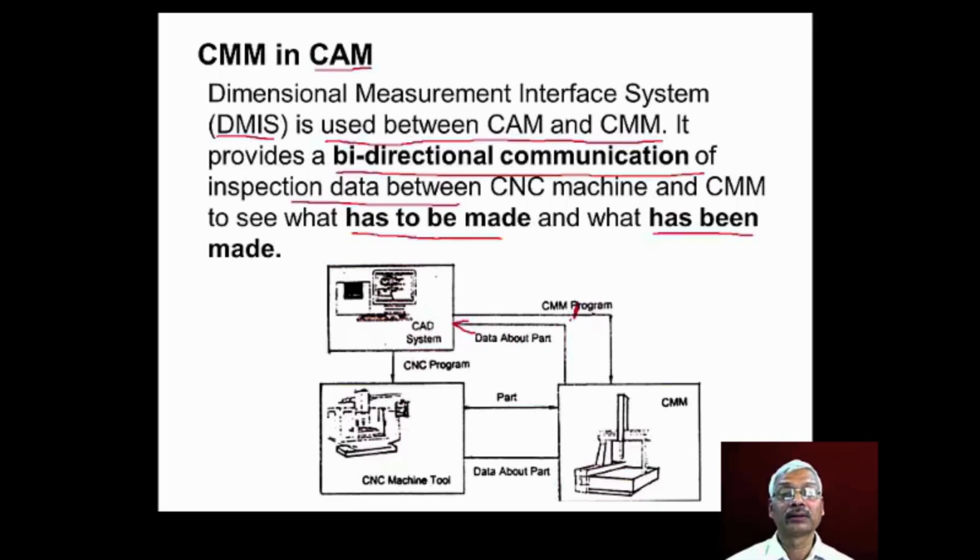for making necessary corrections. If there is any deviation in the workpiece from the desired size, that data is utilized to alter the CNC program so that the error is minimized or nullified.